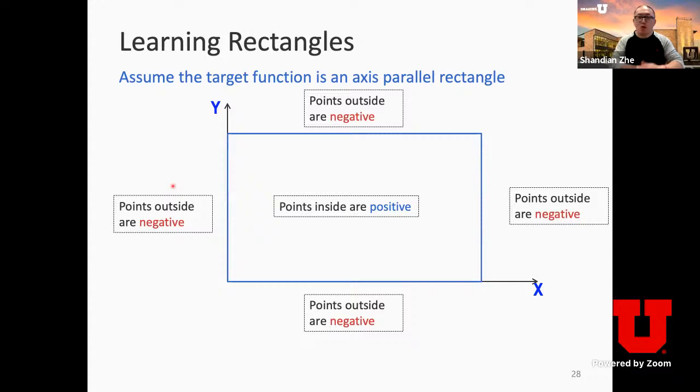Or you can parameterize it in other ways, like the top left point, the length of one edge, and the length of the other edge. It is up to you. But any parameterization needs a set of continuous values. That means the whole space of rectangle classifiers, or rectangle hypotheses, is infinite.